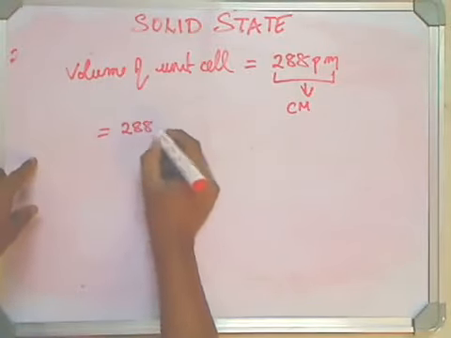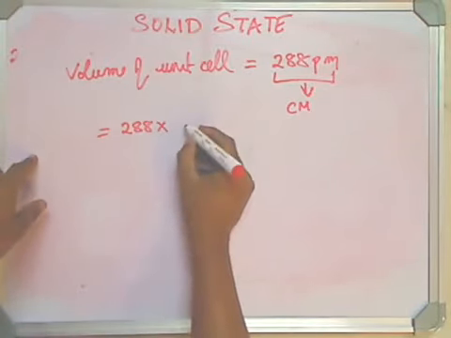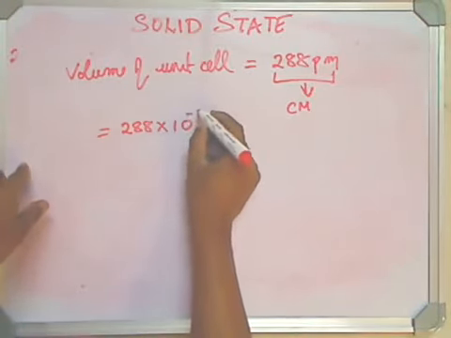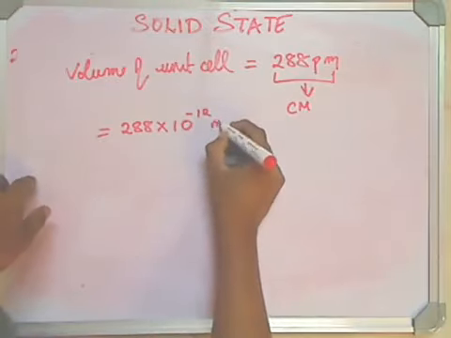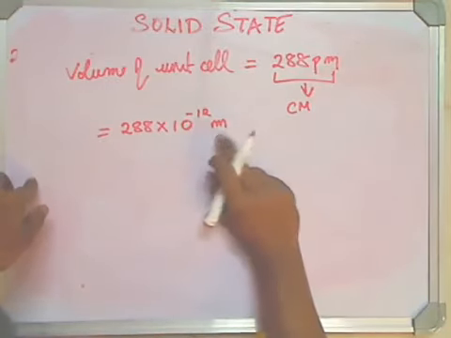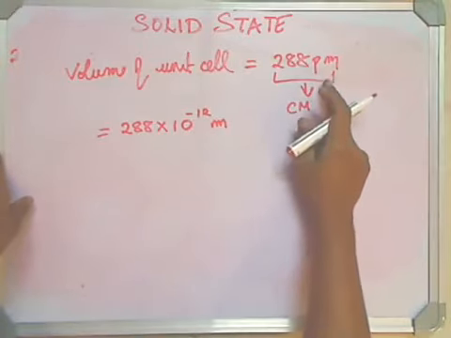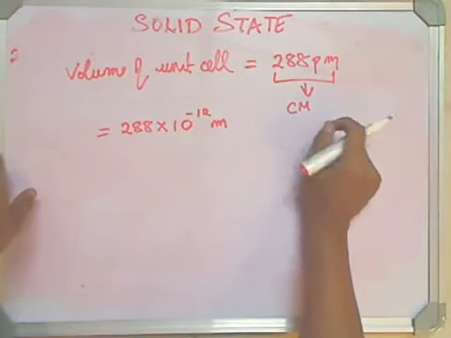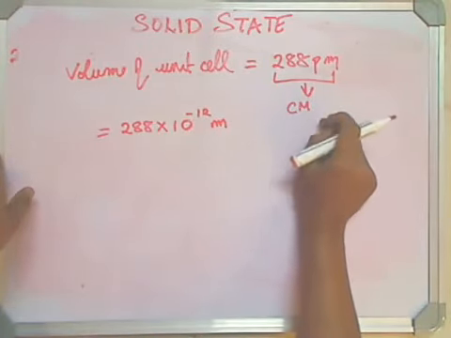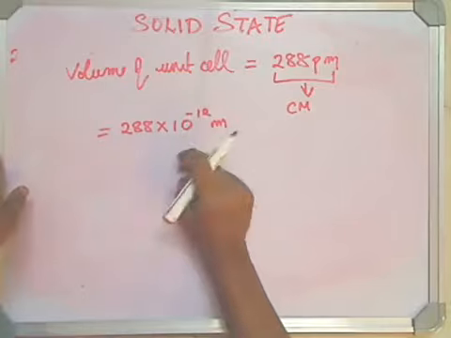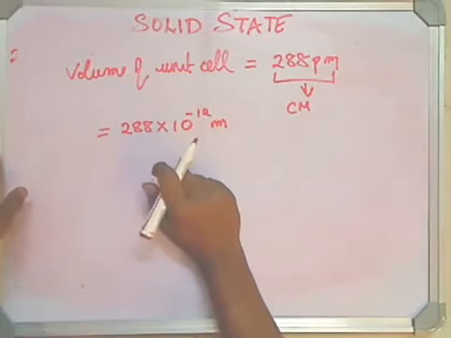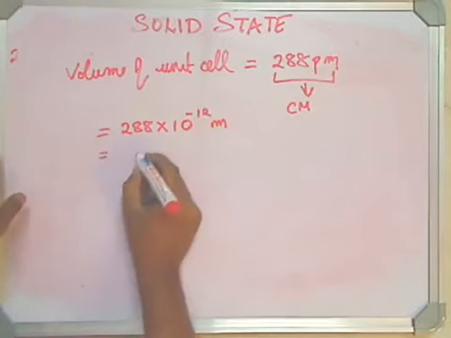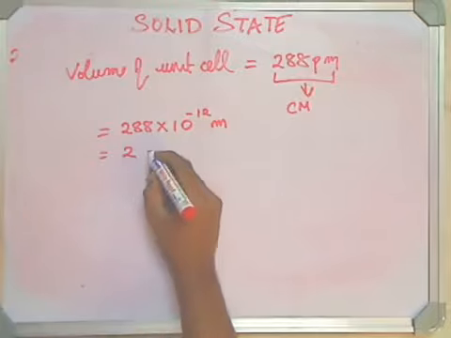If you convert this to meter, it actually comes to 288 multiplied by 10 to the power of minus 12 meter. You can do this if you have a good understanding of the various units used for measurement. Micro, milli, if you are familiar with them, you can go about deriving these different values. Okay, and then convert this to centimeter.